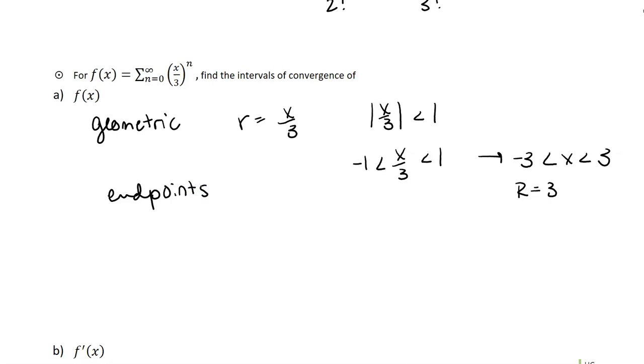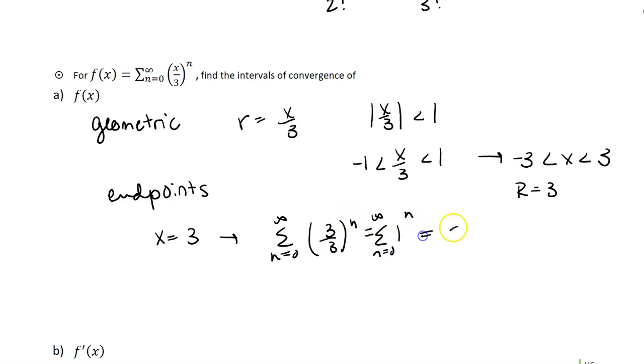So x equals 3 would give me the sum from 0 to infinity of 3 over 3 to the nth power, which is 1 to the nth power, which gives me the sum from 0 to infinity of 1, and if you add 1 together infinitely many times, you get infinity, so this one diverges.